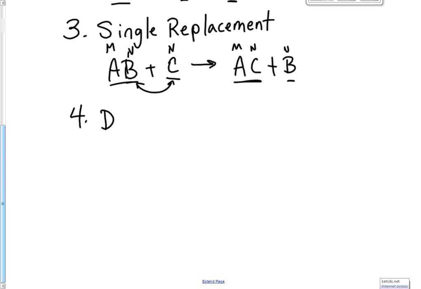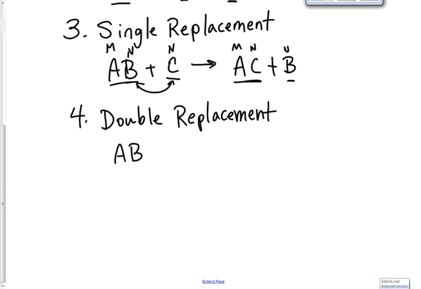Okay, fourth type, double replacement, called double displacement sometimes. Okay, so in double replacement, you've got two compounds or two couples, and they're basically just going to switch partners. So you have a metal and a non-metal, and a metal and a non-metal, and the non-metals are going to switch places.